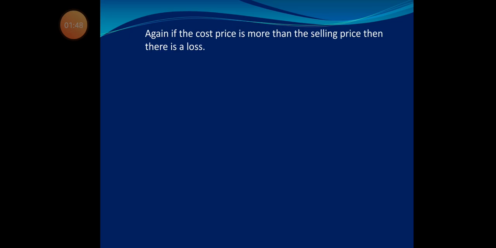Now we will see what happens when the cost price is higher than the selling price. In this situation, we are at a loss, and the process of finding the loss is to subtract the selling price from the cost price. Now we will see this from our previous example.